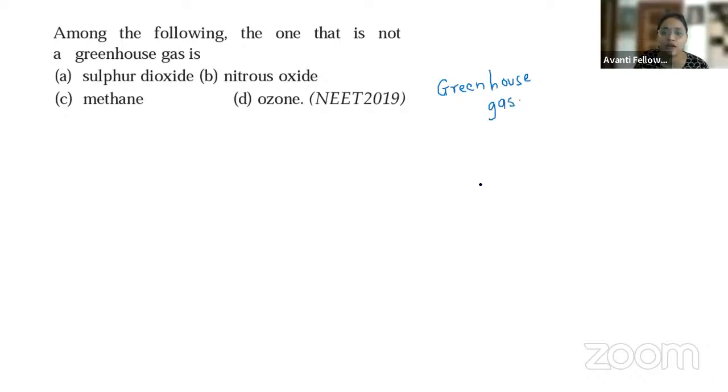If you know the greenhouse gases, then it will be easy for you to find out which of the following is not a greenhouse gas. Sulfur dioxide, nitrous oxide, methane, and ozone. Among these, which is not a greenhouse gas? Someone has responded that D, ozone, is not a greenhouse gas. Okay, very good. Now next.